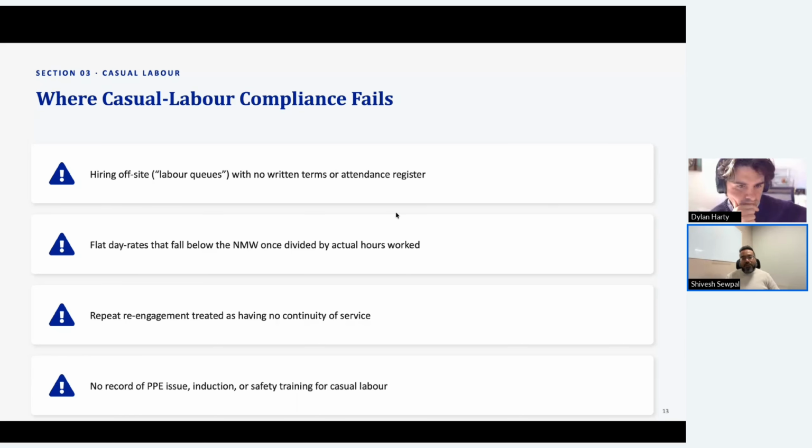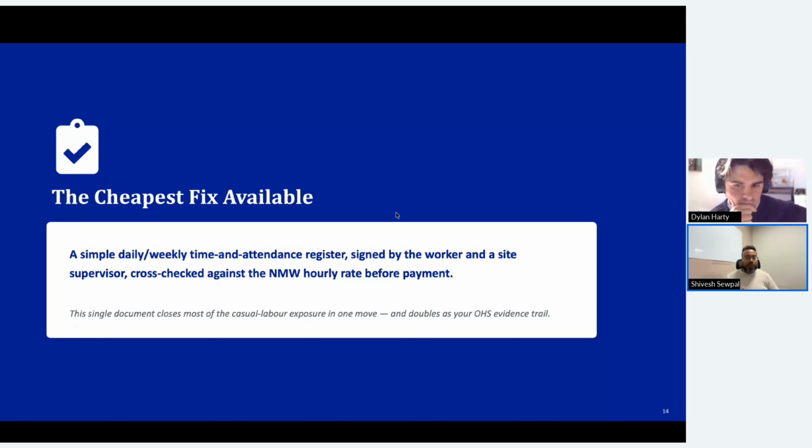If I had to give construction employers one of the cheapest and most effective compliance fixes available, it would be this. Implement a daily or weekly time and attendance register for every casual and short-term worker, signed by both the worker and the supervisor. Why is this so powerful?